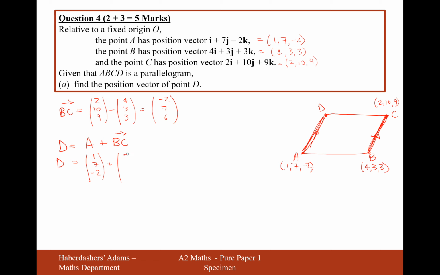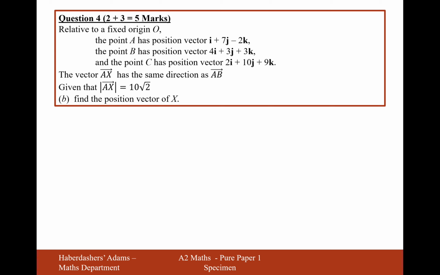That's going to be minus 2, 7, 6. So therefore it's going to be 1 plus minus 2, that's minus 1. 7 plus 7 is 14. And minus 2 plus 6 is 4. So there we are, that's the position vector for D. Let's write it out how they've written it in the question. It's going to be minus i plus 14j plus 4k. So there we are, that's the answer for part A then.